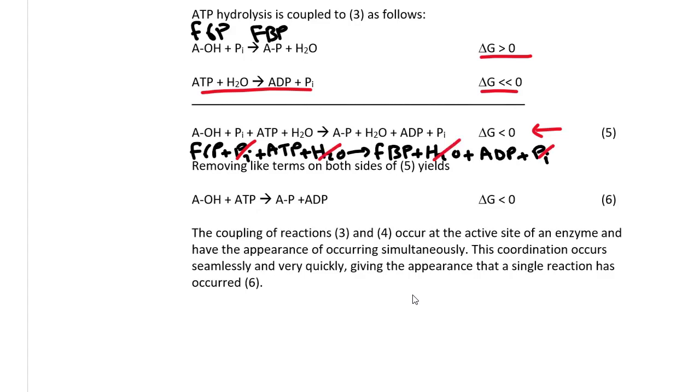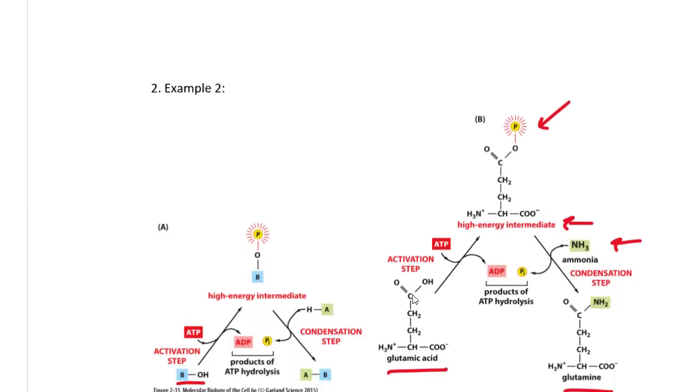What am I left with? With the fructose 6-phosphate plus ATP going to fructose 1,6-bisphosphate plus ADP. Right? So let's go back to where we're at.